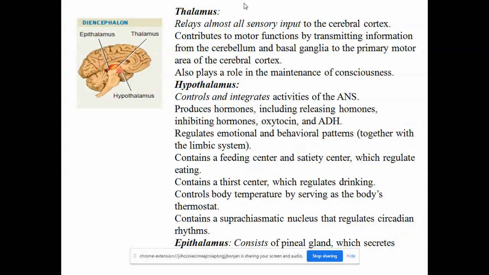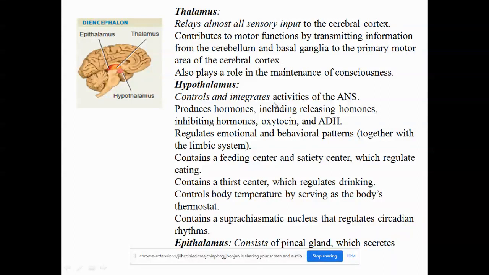So it relays sensory input as well as motor output to the cerebral cortex. Sensory input is always ascending, from regions below the thalamus, that is the spinal cord and brain stem, to the cerebral cortex. It also contributes to motor function by transmitting information from the cerebellum and the basal ganglia to the cerebral cortex. It plays a role in the maintenance of consciousness.